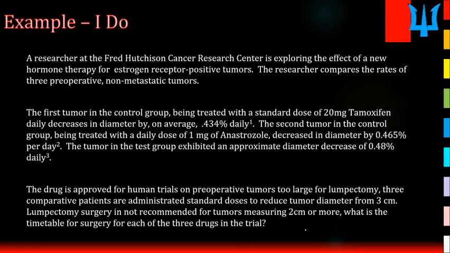Let's look at an example where we're going to look at exponential growth and decay through the lens of cancer research. When we're looking at clinical trials, we often want to compare not just to a placebo effect, but also to previously known medicines, because that's going to help us know whether or not the side effects of some treatment are going to be worth it for a new treatment.